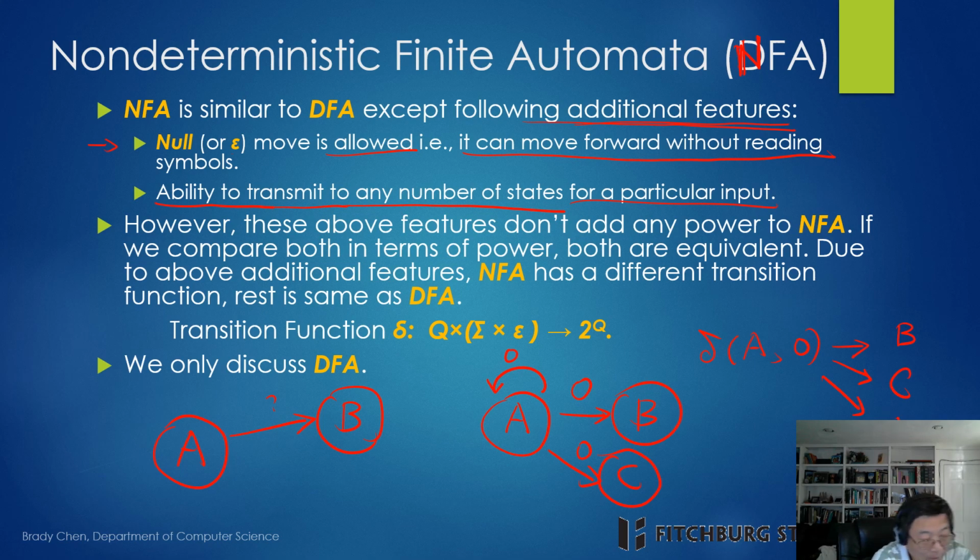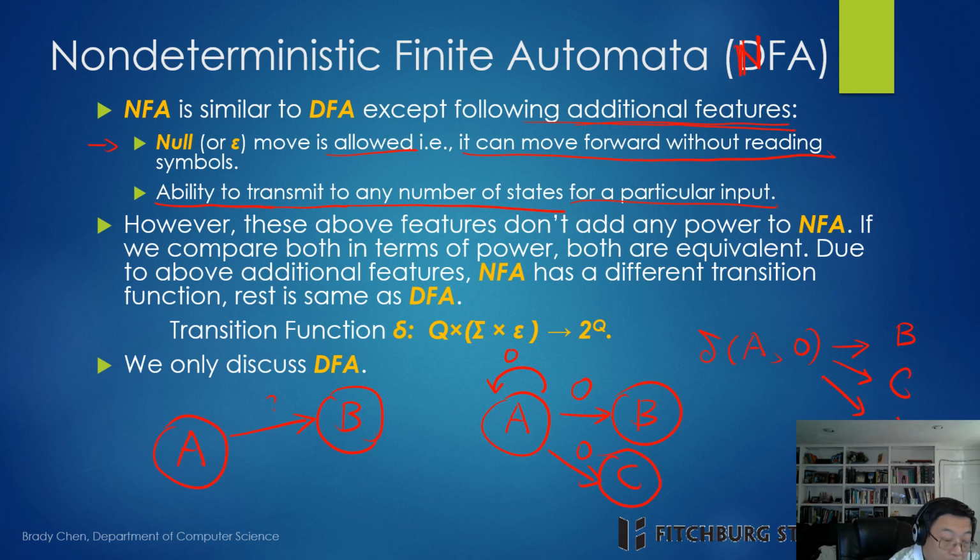That's kind of weird, right? So now our current state is A, and the input value is 0, and A combined with 0, then what's the next state? I don't know. I don't know what the next state is, but I can tell you what the possibilities are.